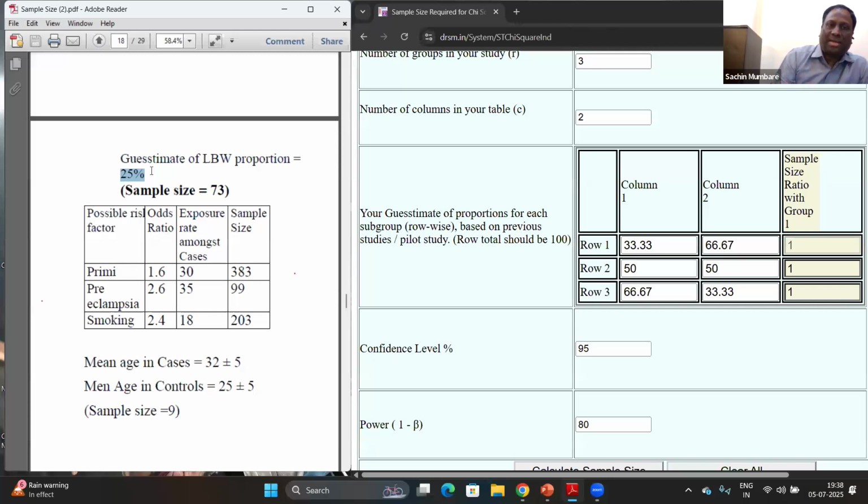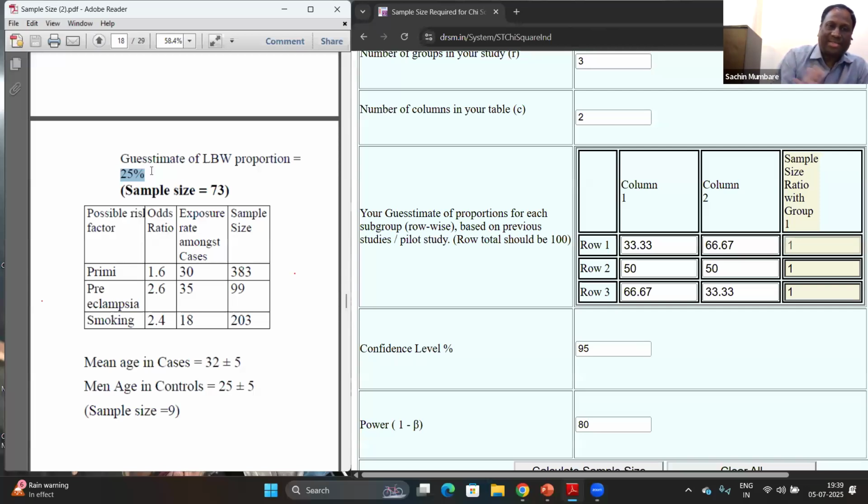You have calculated 5 different sample sizes. One is 73 for estimation of proportion. The other one is 383 and 383 in the case group and control group. This is the second sample size. Third sample size is 99 and 99. Fourth sample size is 203 and 203.